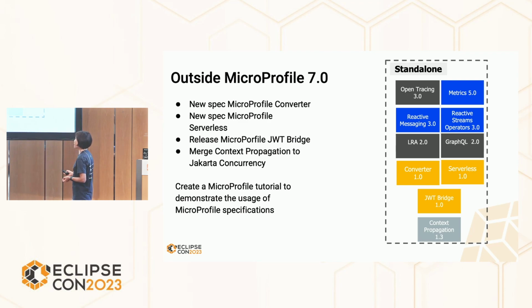The other thing I want to mention is context propagation. Context propagation was created because previously Java EE was slow moving, and we needed to evolve Jakarta Concurrency, which was previously Java concurrency. So we had to create an addendum, and that is context propagation. Now Jakarta Concurrency is making great progress. So we proposed to move most things from context propagation to Jakarta Concurrency.